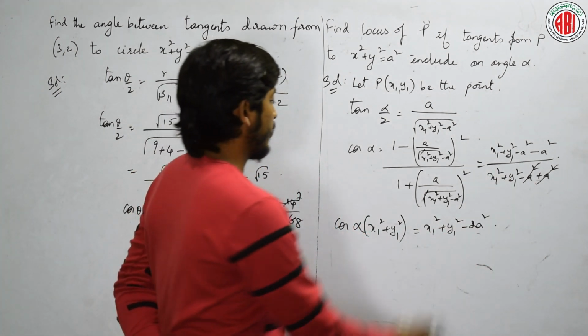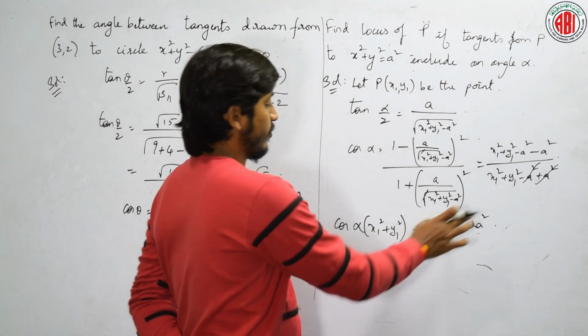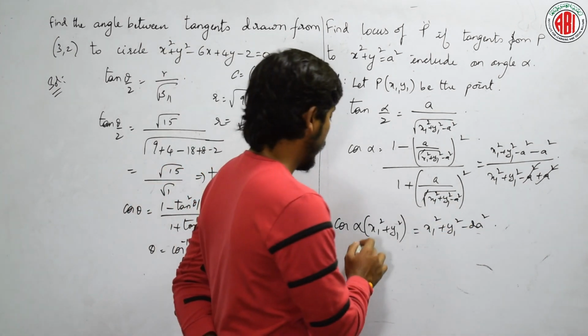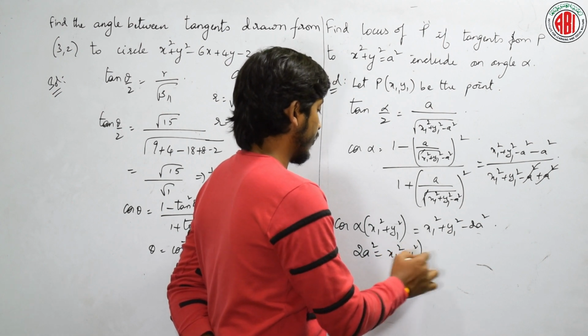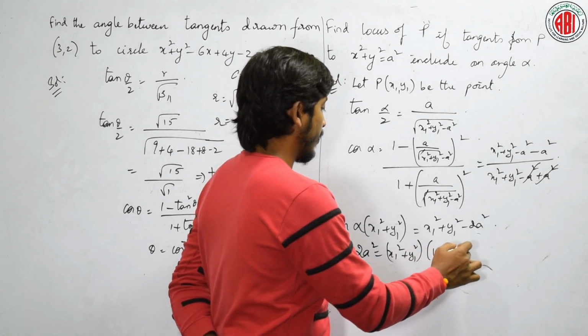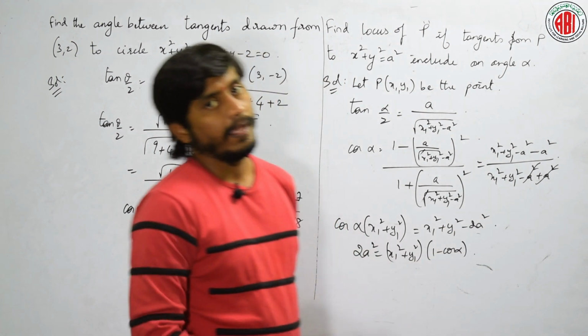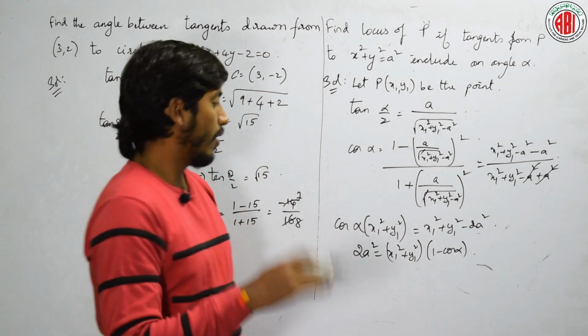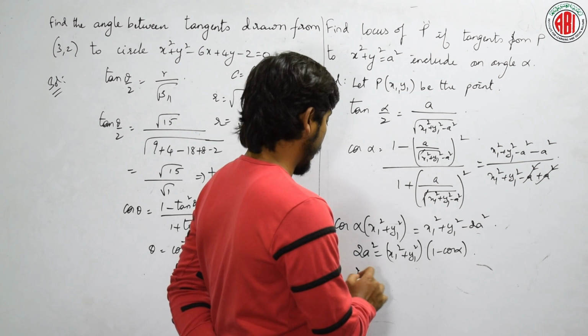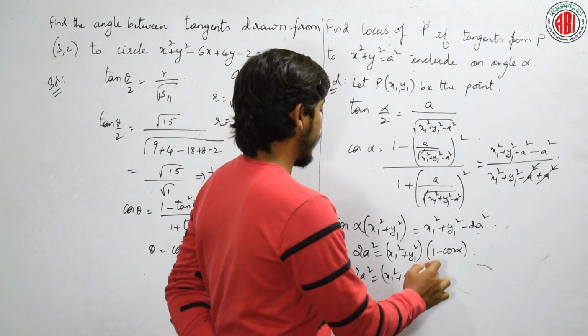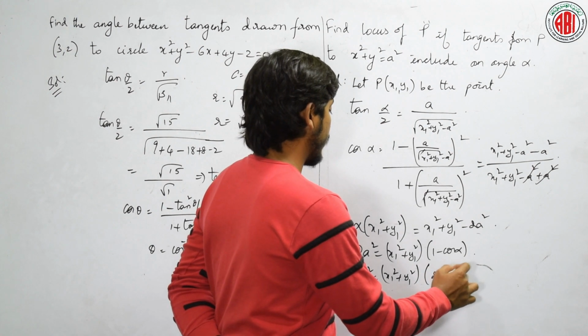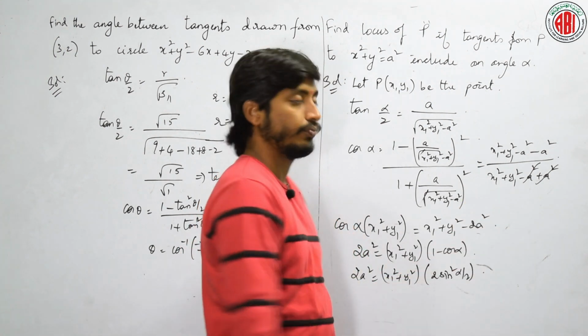Clear? So, let us bring this 2a square this side and this term to that side. What do we get? 2a square is equal to (x1 square plus y1 square) into (1 minus cos alpha). Even till now it's okay, or else if you want to solve more you can write it as, what is 1 minus cos alpha? That is 2 sin square alpha by 2.